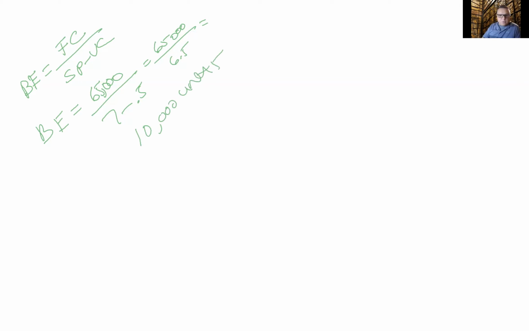So if we reduce our fixed costs somehow, we just have to sell 10,000 units instead of 11,000. They don't really give you enough information, they're kind of leaving it up to you.